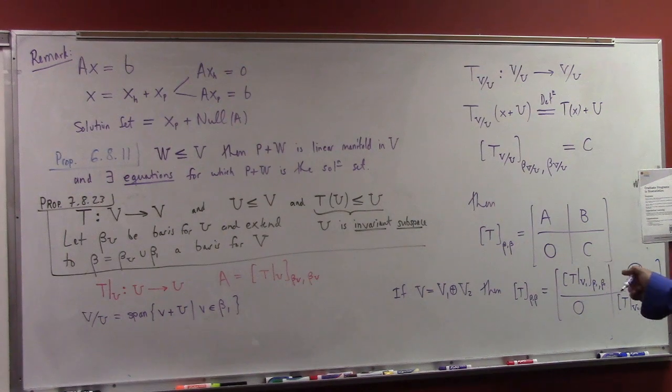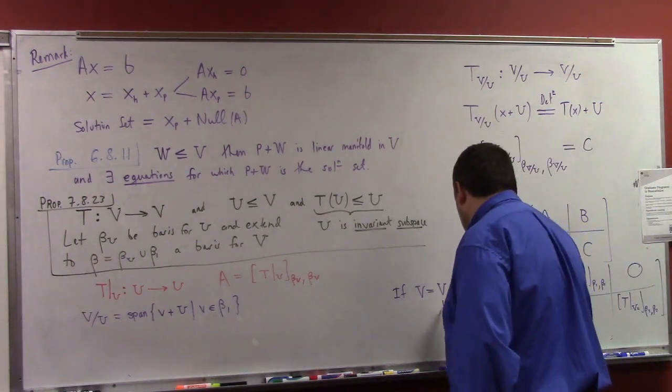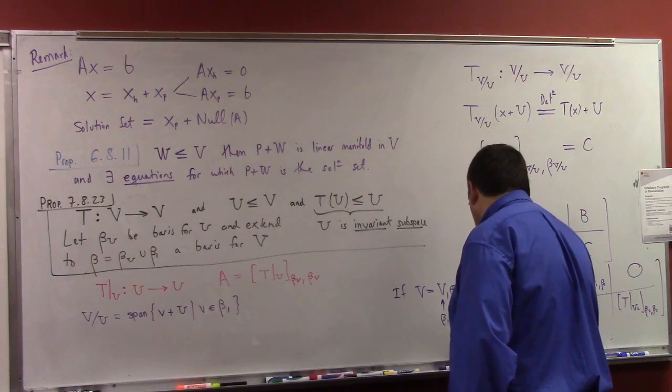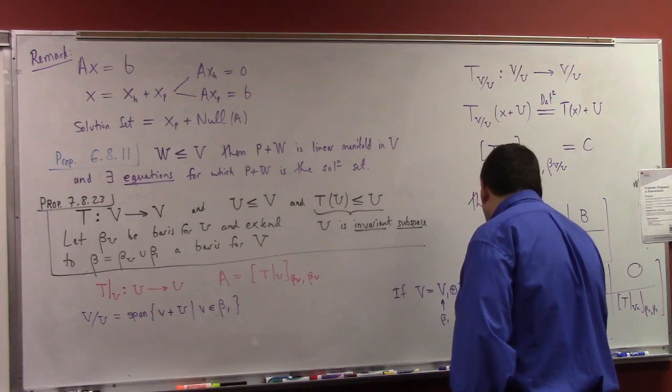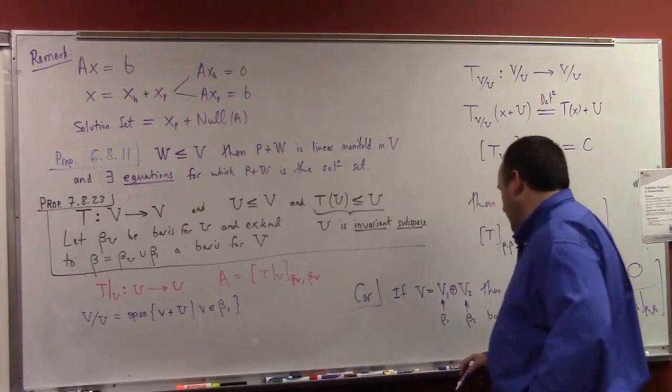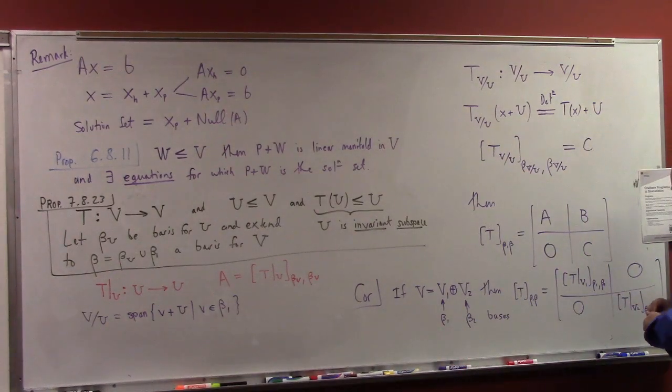And, well, it's not just this, right? What else do I need? So here I'm assuming that this has basis beta 1, this has basis beta 2. And what else am I assuming for this corollary to be true? How do I know that when I feed T vectors from beta 1, I'm just back in the span of beta 1 again?